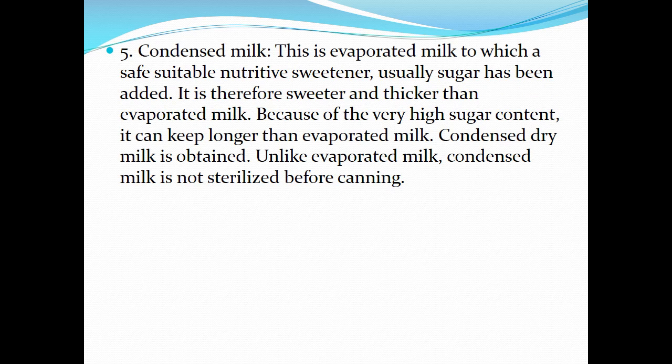The fifth one here is condensed milk. This is evaporated milk to which a safe and suitable nutritive sweetener, usually sugar, has been added. It is therefore sweeter and thicker than evaporated milk because of the very high sugar content.